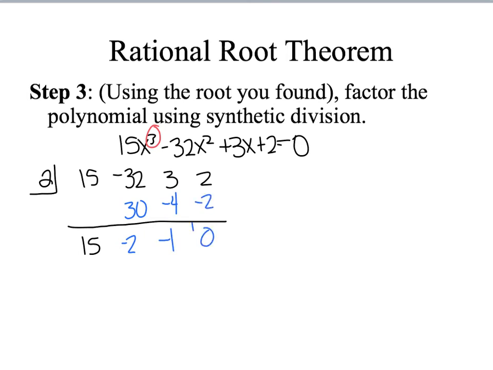And again, there's my remainder of 0, which I was already expecting. So by dividing this polynomial by 2 with synthetic division, we now have a resulting polynomial of 15x squared minus 2x minus 1.